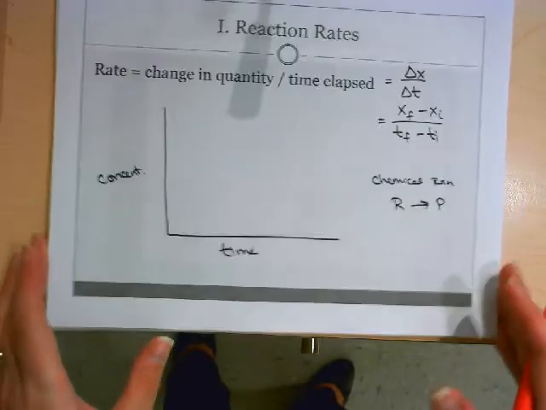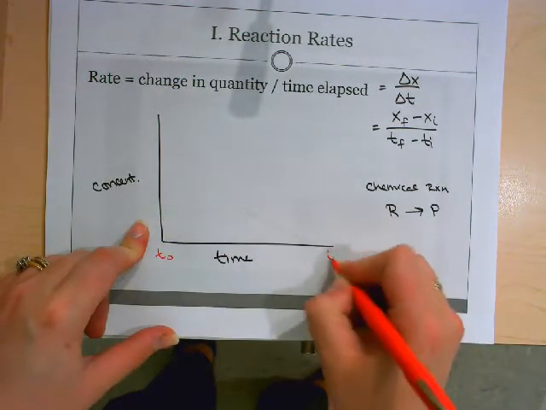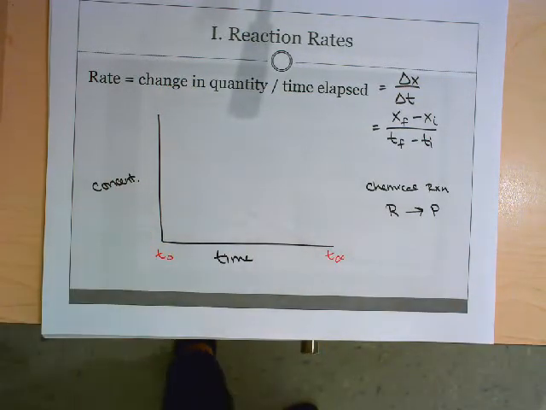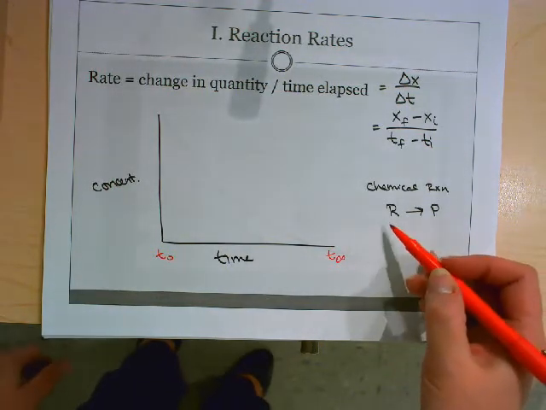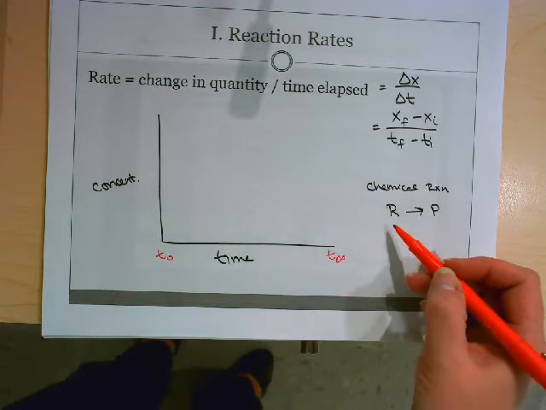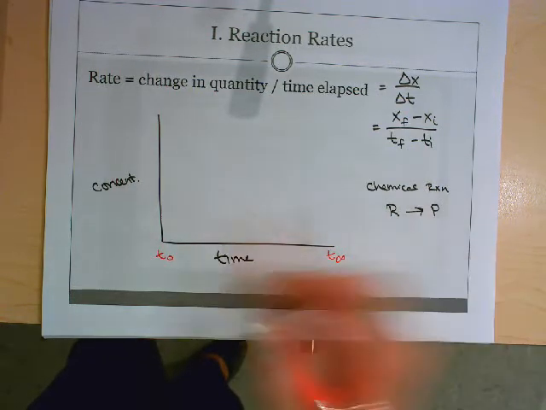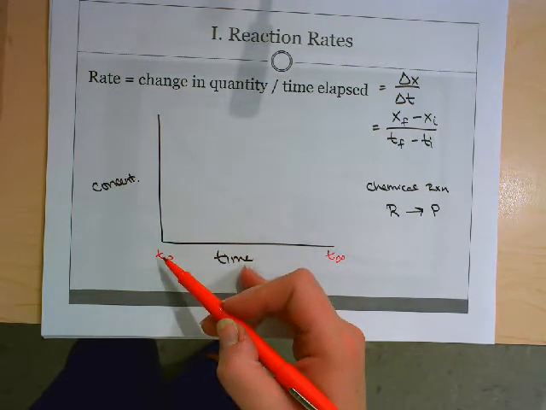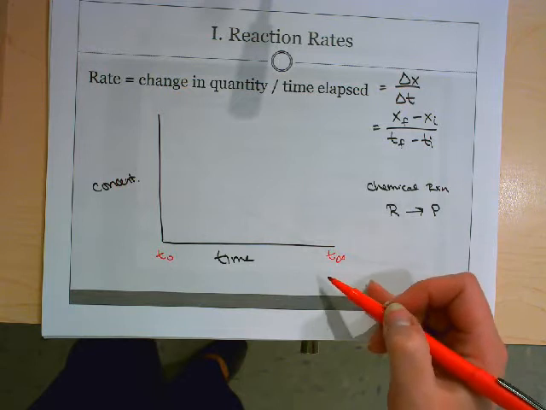As time elapses, as I go from time 0 over here to time infinity. If I start off with 100 grams of reactant at time 0, how much reactant should I have theoretically by the time I get to time infinity?